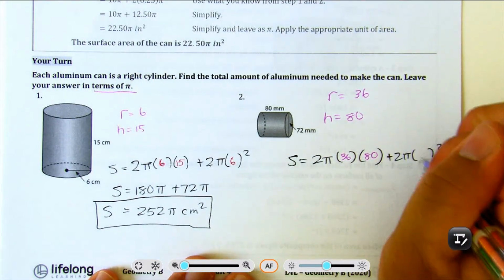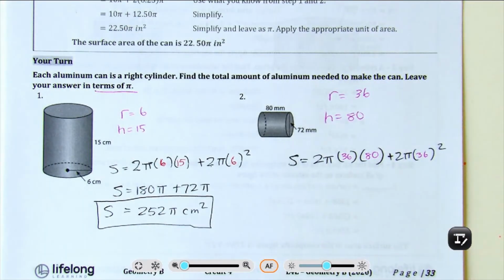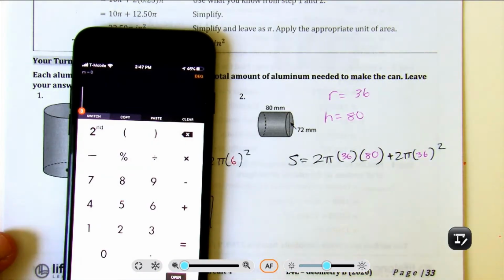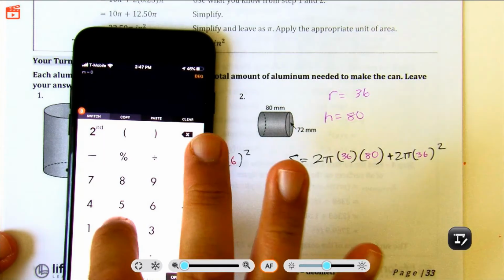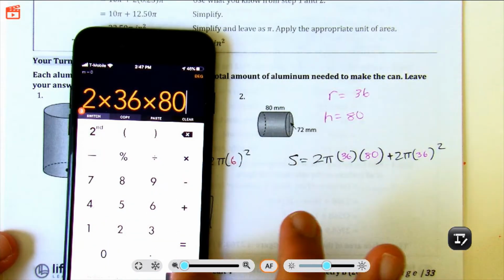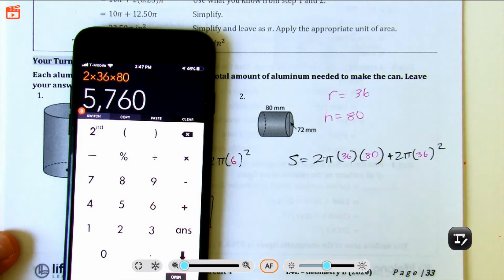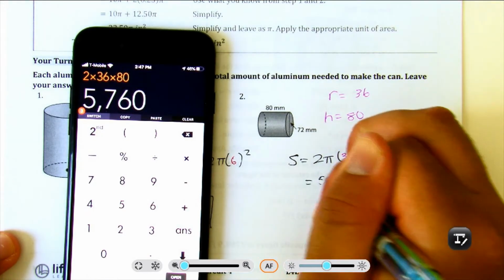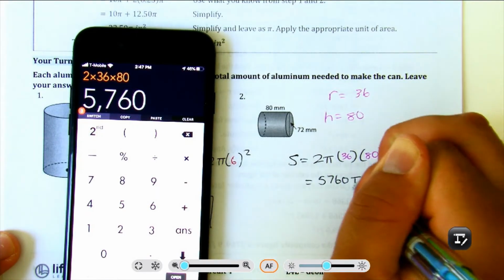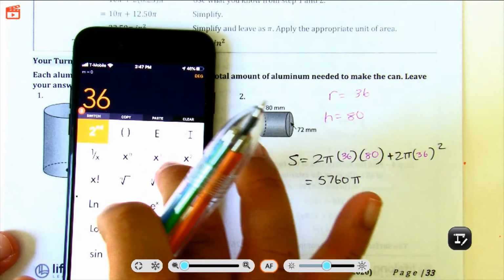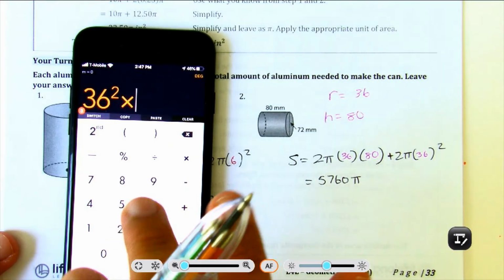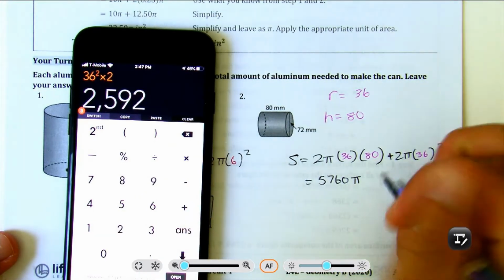Now I want to show you how to do this in the calculator. Again, we're ignoring the pi, so we can multiply 2 times 36 times 80. That ends up with 5,760 pi, and then 36 squared times 2 is 2,592 pi.